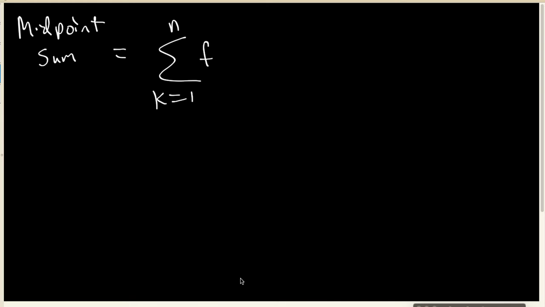Our midpoint sum is going to look like the following. We're going to have the sum as k goes from 1 to n of f of, and this is tricky, so I'm going to use some color to help keep the parentheses straight. And ck, we showed, was a plus k minus 1/2 times delta x.